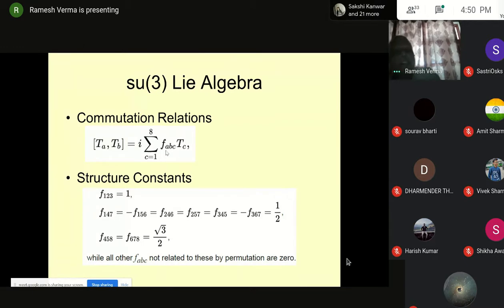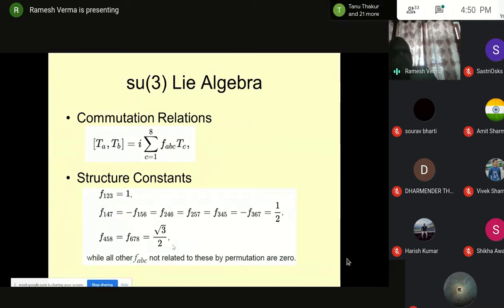So interestingly, these f_ABC, which are analogous to epsilon ijk coming for isospin, have non-zero values only for certain ABC. You can pick up ABC from here, or their permutations.